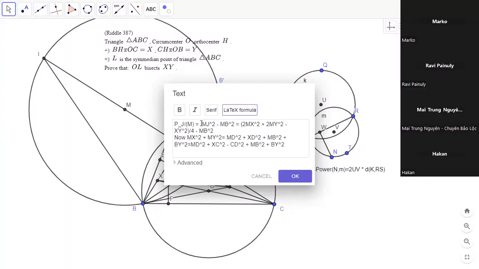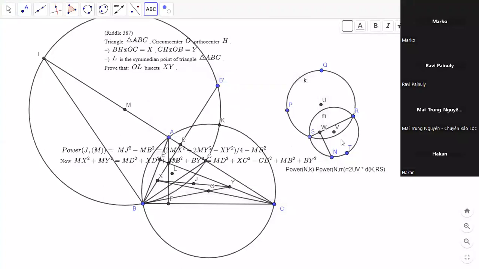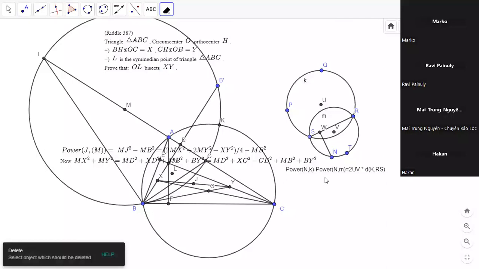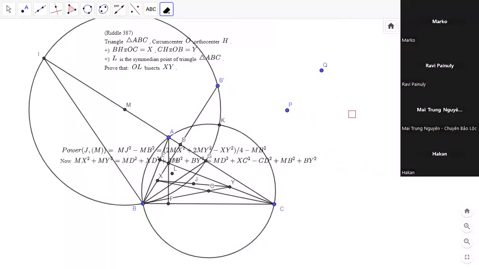Just write it like this for the people on the channel. I'm going to delete Casey's theorem for now, but yeah, that's interesting what Robbie was saying.